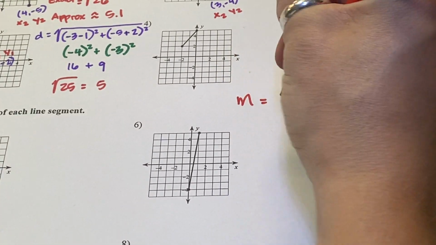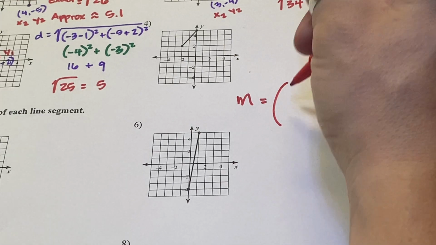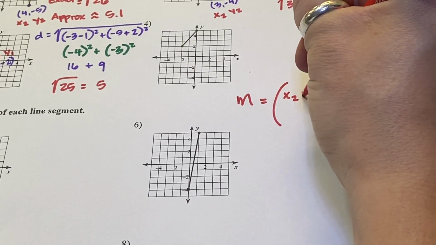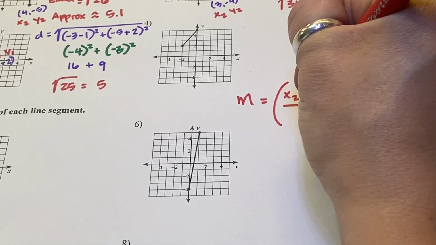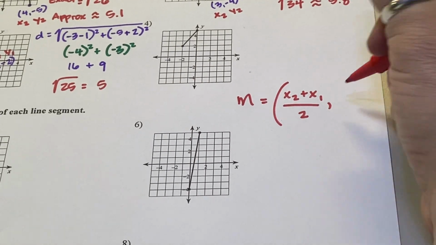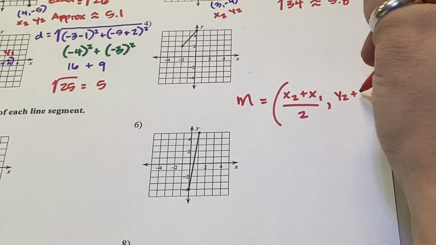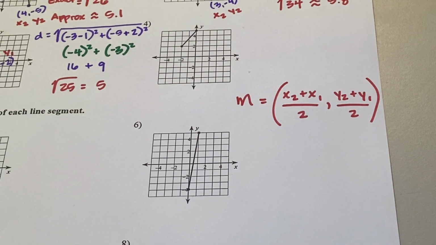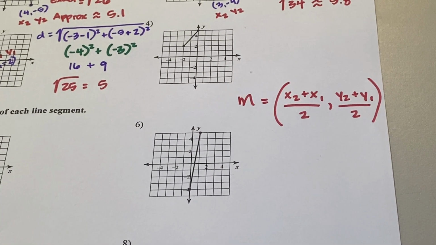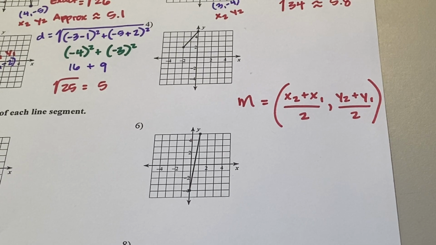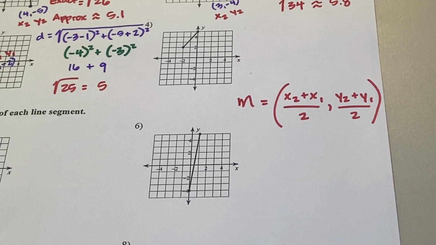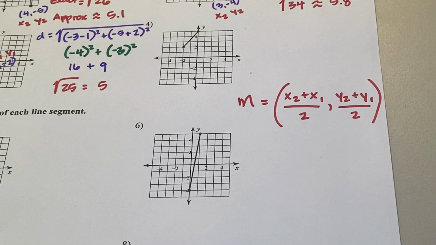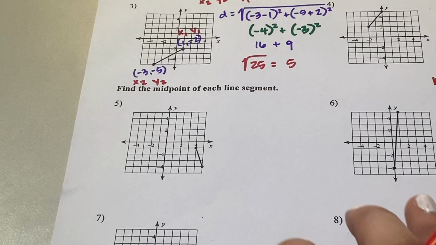So midpoint is going to be parentheses, my second x plus my first x divided by 2, and my second y plus my first y divided by 2. And that's going to give me my new coordinate point. Add your x's, divide by 2, add your y's, divide by 2. Okay, easy peasy. Well, let's go ahead and practice this guy.